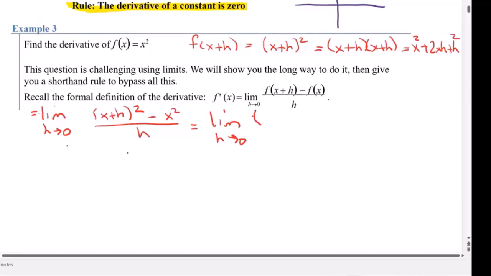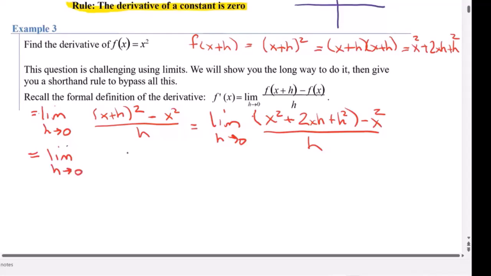So I'm going to put that in here, x squared plus 2xh plus h squared minus x squared divided by h, which is equal to the limit as h approaches 0.